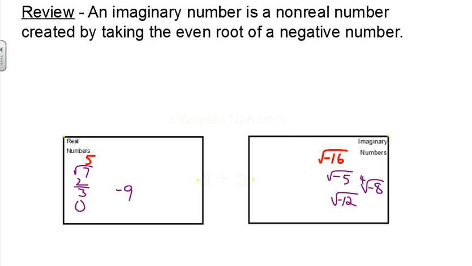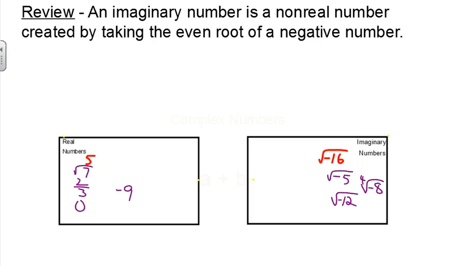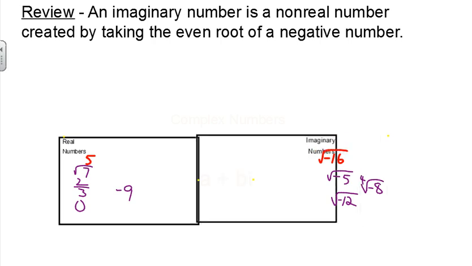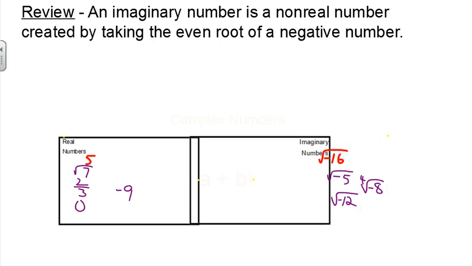So now I have two separate systems of numbers. I've got the real number system on my left, and I've got the imaginary numbers on my right. Well, if I were to take these number systems and merge them together, what I would get is something called the complex number system.